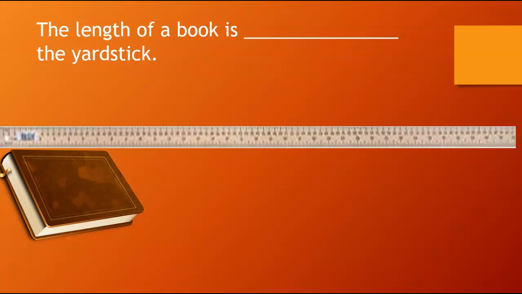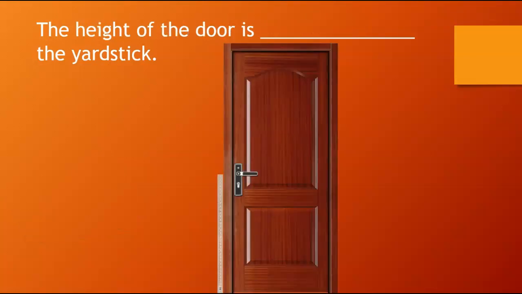Less than would be smaller, equal would be the same length, and greater would be bigger than a yardstick. So a book would be less than or greater than or equal to. Less than, very good. It is smaller than a yardstick, so it's less than.